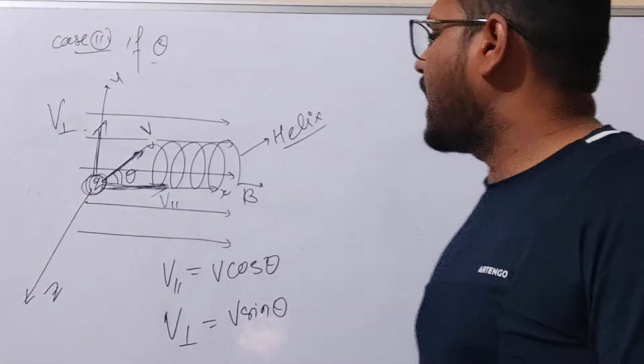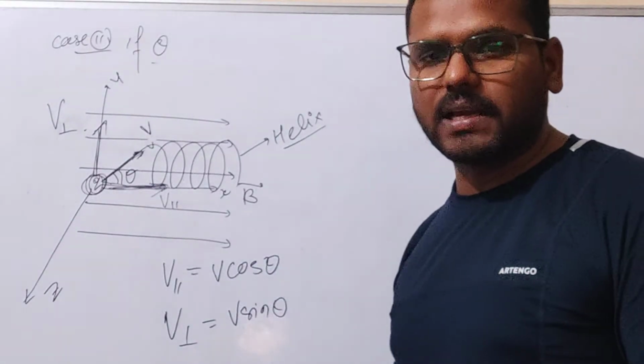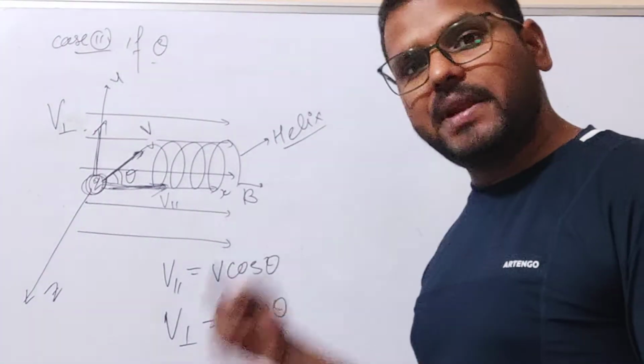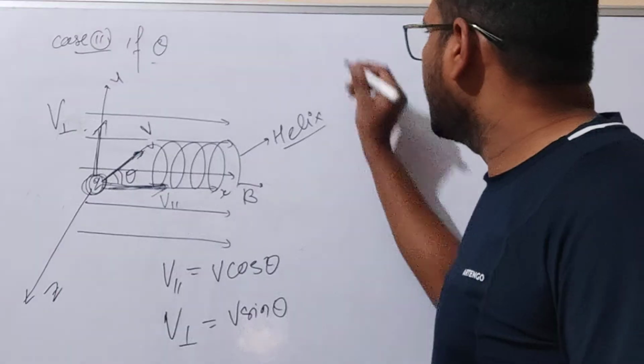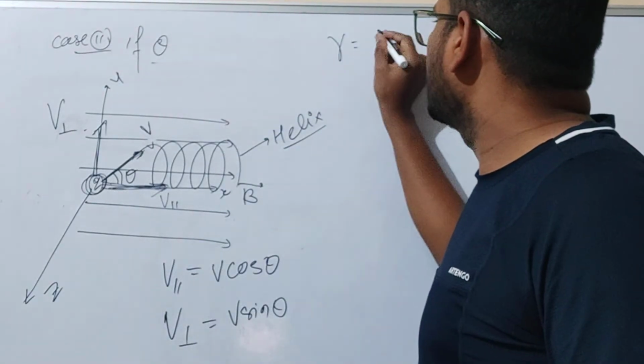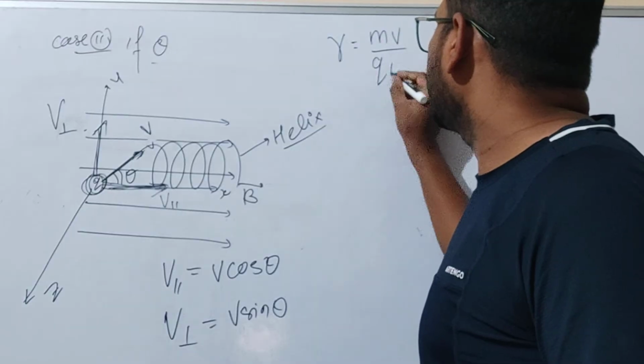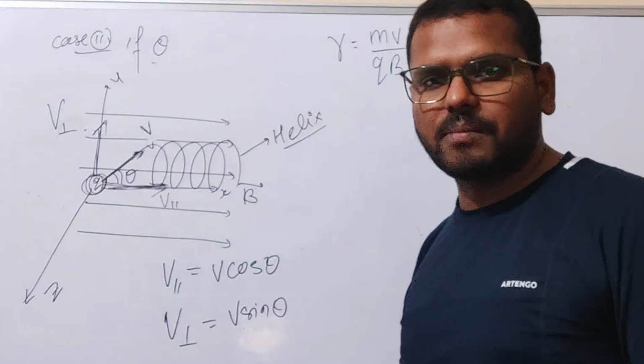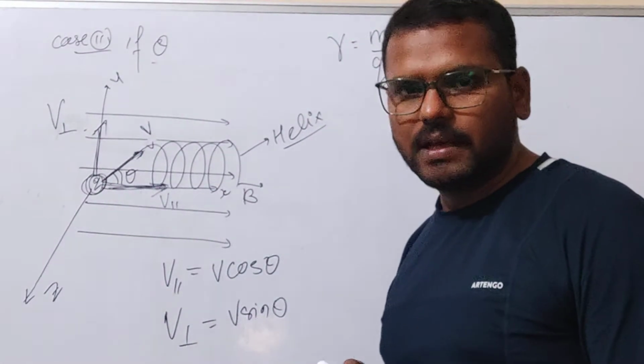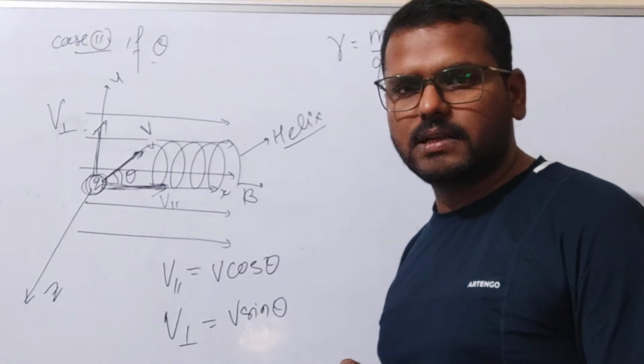So the path acquired by this charged particle is a helix. Then what will be the radius of the helix? As we found, r is equal to mv by qB, which is the path acquired by the charged particle in a uniform magnetic field when it is placed perpendicular.